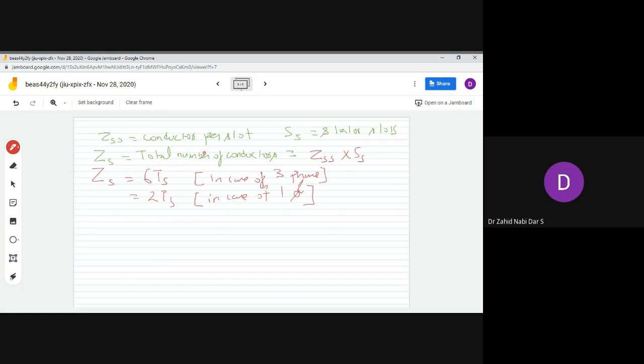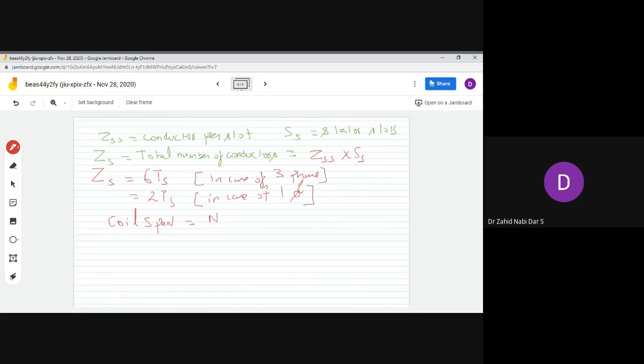So now the final thing, it is asking, tell me the winding details. Something they can also ask in some problem is the coil span. Okay, CP, coil span. So this coil span is equal to number of slots divided by 2.